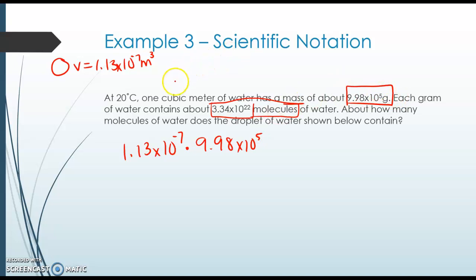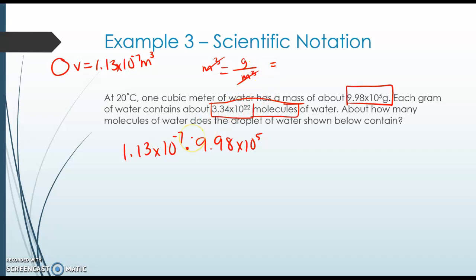So that gets my cubic meters into grams, because a cubic meter would equal that many grams over 1, or however many grams over the cubic meters is what we set up. All right, and so the cubic meters have now gone away.